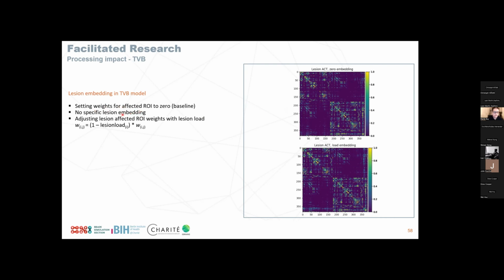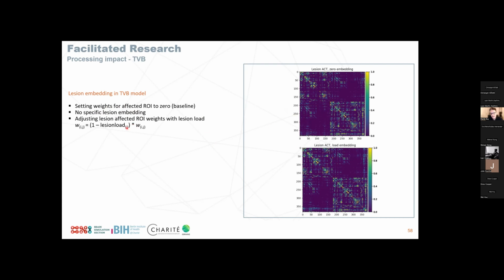Our second approach was that we went with the raw data that we get from the tractography, from our structural connectome, because we've already seen that it captures some of the topology of the lesion. So maybe there's also some information that we can get by not altering the raw structural connectivity matrix.